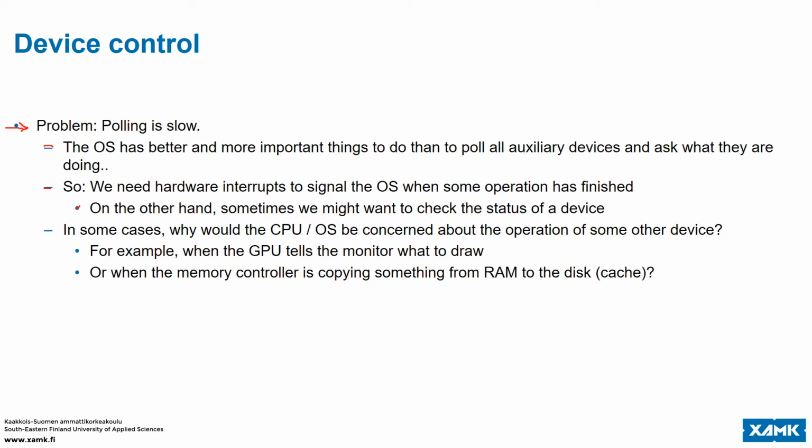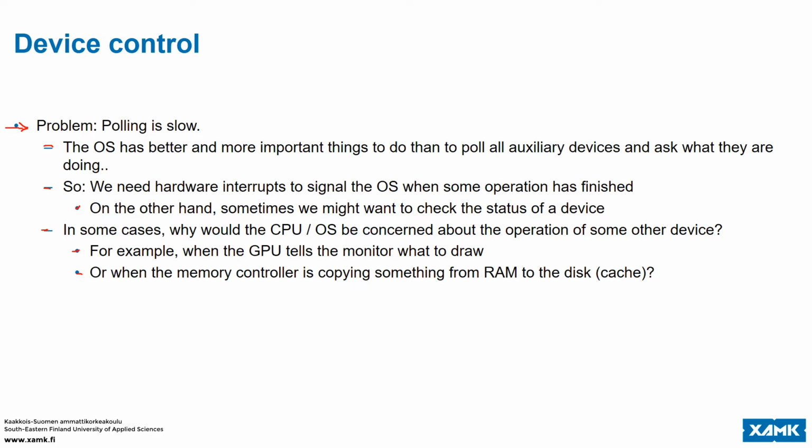In some other cases, the operating system or CPU might sometimes be concerned about the operation of some device. For example, if this graphics unit needs to tell the monitor what to draw, or when a memory controller is copying something from the system memory to the disk cache.